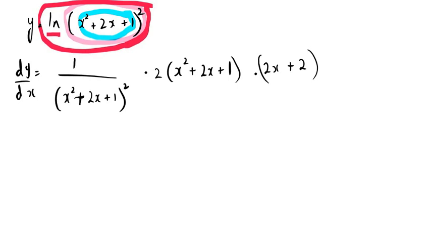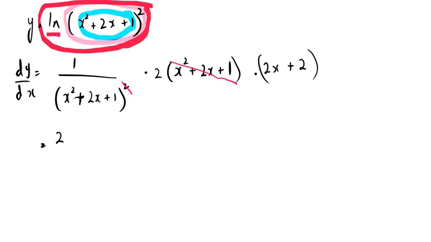Then we differentiate the inner function. We multiply that by the derivative of the inner function. So the inner function would be, I will put brackets just so that we keep it separate, (2x plus 2).